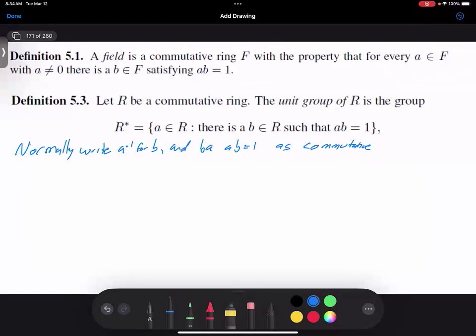And so we can look at some examples. What would Z star equal? So what are all the integers a such that there is an integer b such that ab equals 1?